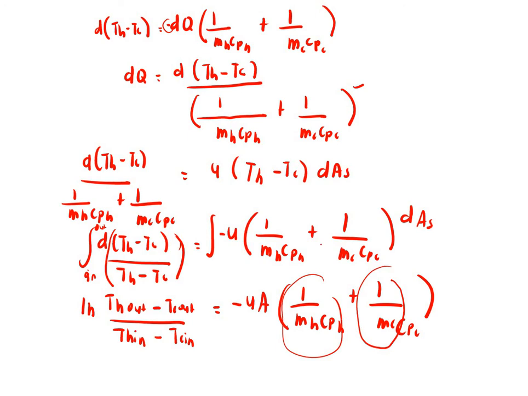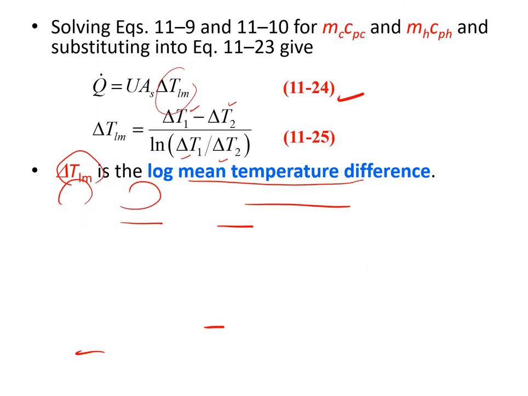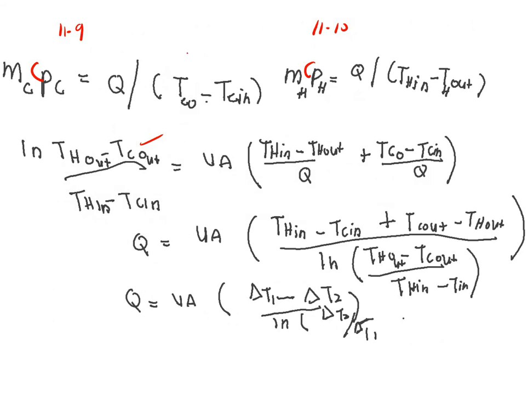So we substitute the equations we wrote into 11.23, and we will get TH in minus TH out over Q, and TC out minus TC in over Q.